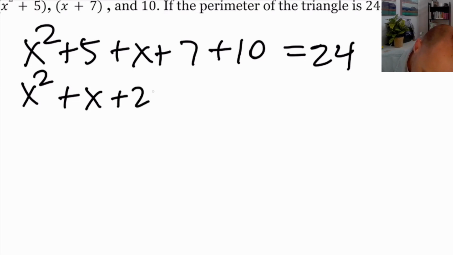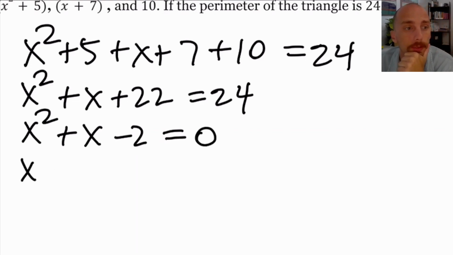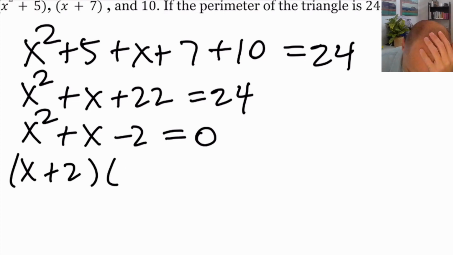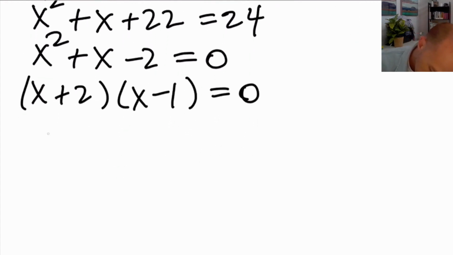So if I'm going to set this equal to 0, I need to subtract the 24 from both sides. And then I can factor. So two numbers that multiply to -2 while adding to +1 would be 2 and -1. And then I would get x equaling -2 or x equaling +1.